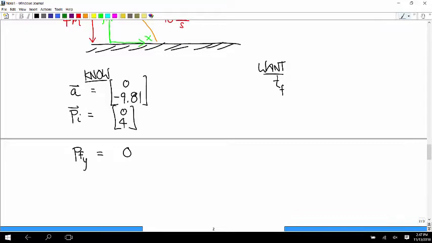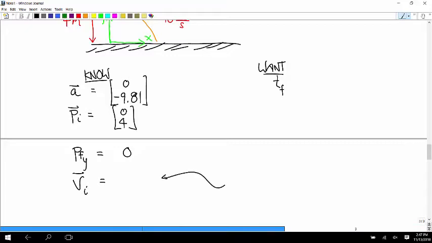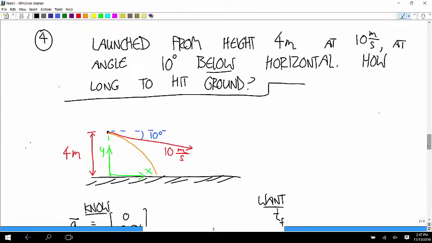The initial velocity we're going to have to calculate from cosine and sine. So to calculate that one, we're going to have the speed times the cosine and sine of some angle. So I drew the initial velocity vector here.